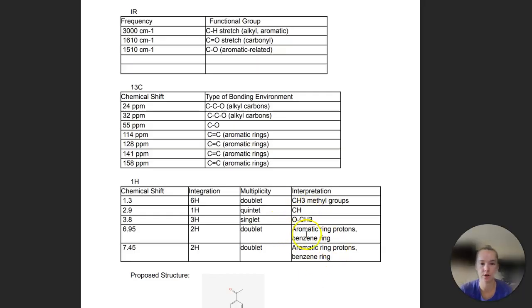Now, this third, the 3.8 chemical shift between oxygen and a methyl group, this interpretation of this last table is pointing to a substituted aromatic ring, showing a benzene ring and some isopropyl group. So these first two table rows.